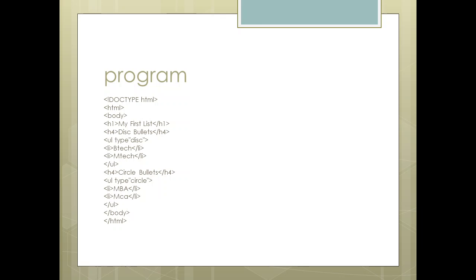We can set type equal to disc or circle or anything by using the type attribute. This is a simple HTML program. It is used to display a list of values using bullets or circular bullets, like that.